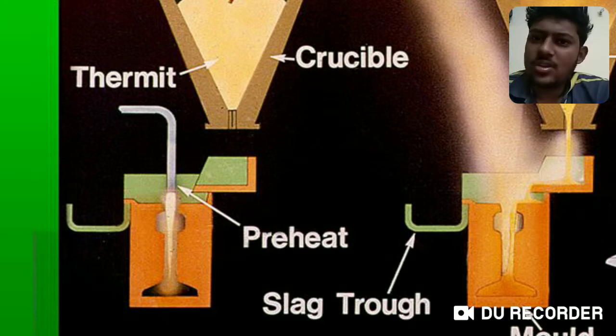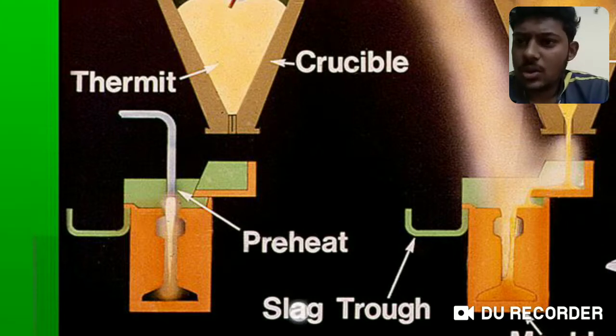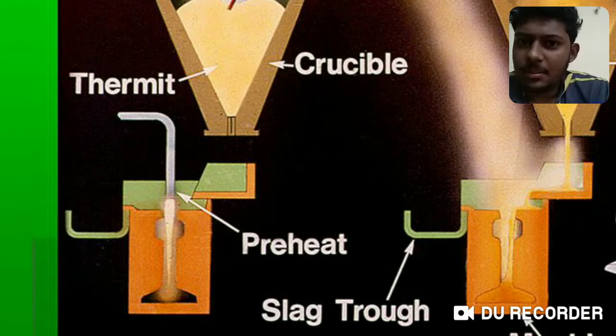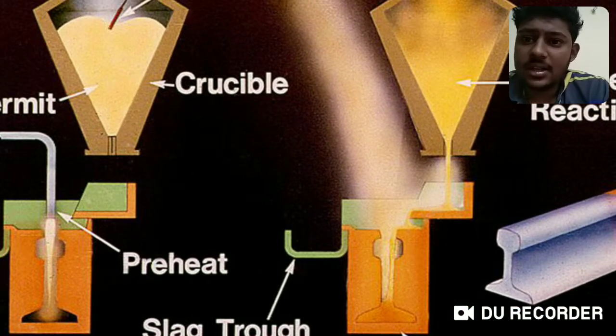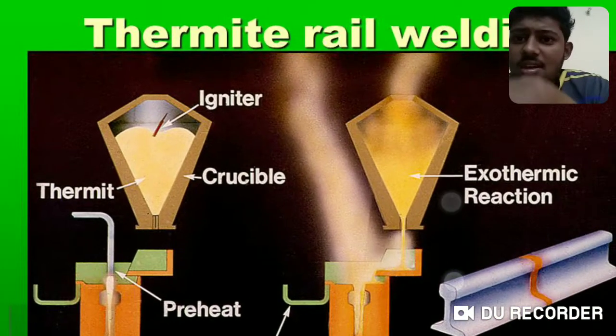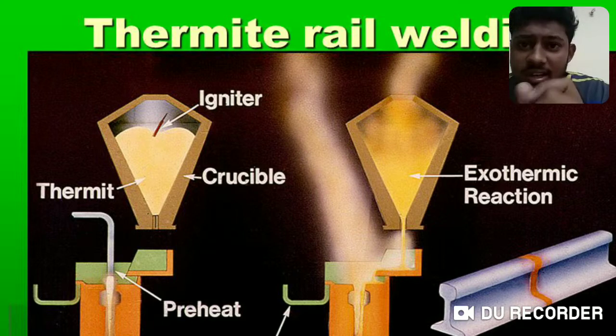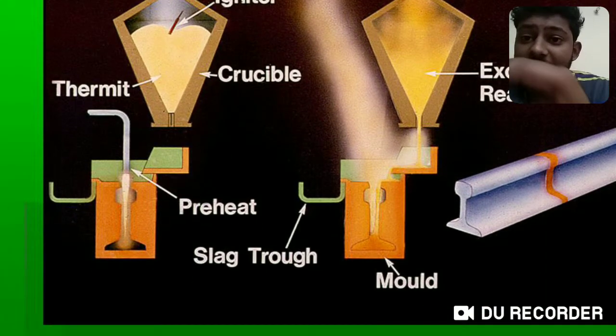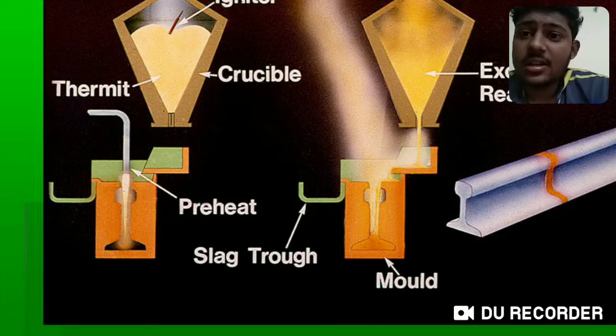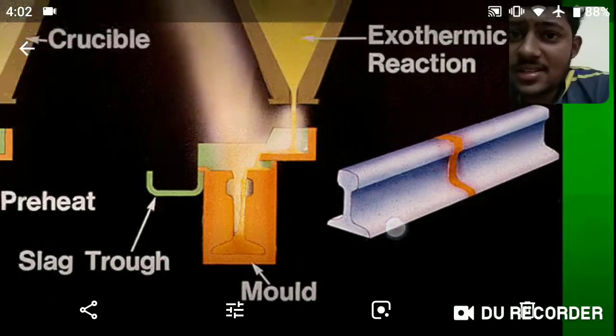Generally propane oxygen is used because it is a much quicker way of preheating. After preheating the mold, the liquid metal is poured inside, and you can see an immense amount of heat and fumes released, as it is an exothermic process. The metal settles inside the mold, and the slag left above it gets collected in the slag trough. This way the welding is done.